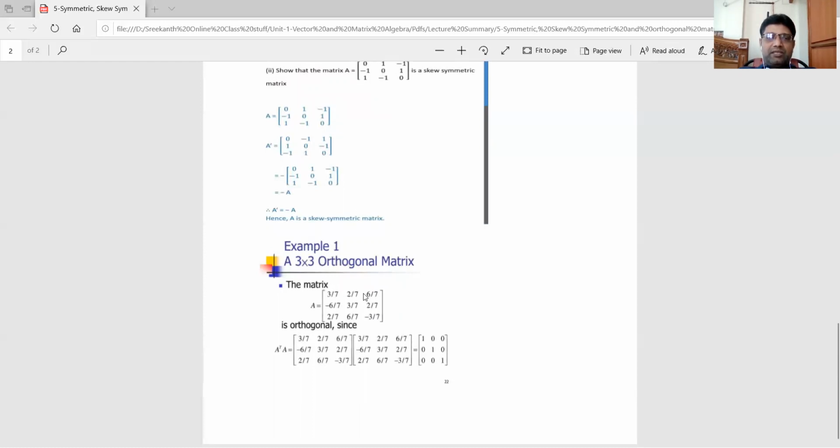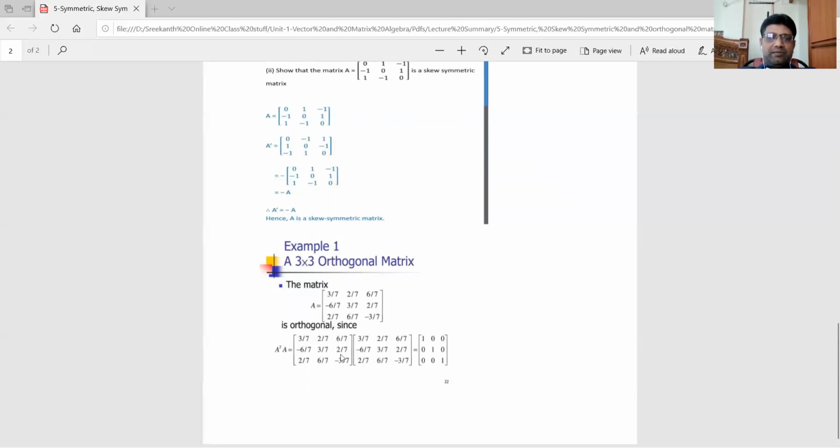Next, the third example, the matrix is given. Now we are checking whether it is an orthogonal matrix or not. For that purpose, what I have to do is write the transpose of the given matrix, making the rows as columns. Then I multiply with the same matrix. Then you will get the identity matrix very clearly, that you can see here. 3 by 7 into 3 by 7 is 9 by 7. 2 by 7 into minus 6 by 7 is minus 12 by 7. 6 by 7 into 2 by 7 is 12 by 7.